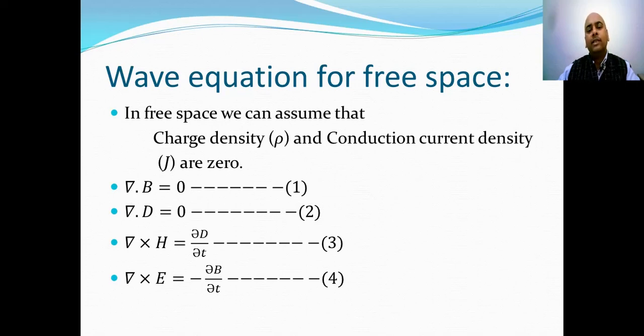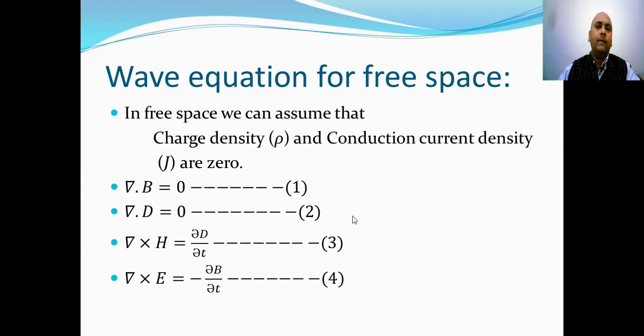Second, the conduction current density J in free space is also equal to 0. So we will use these properties of free space and we will write Maxwell's equations for free space.